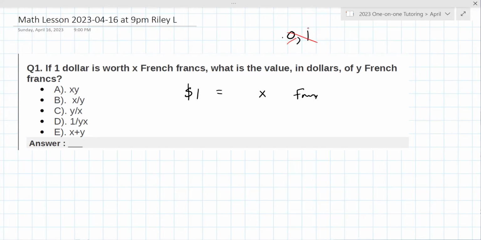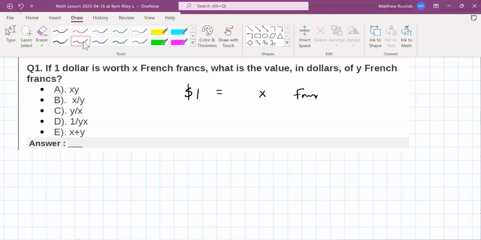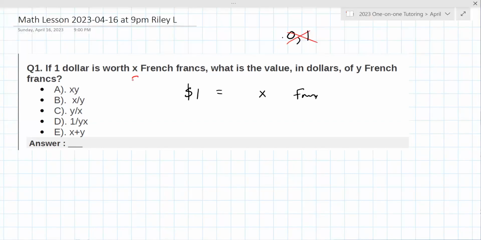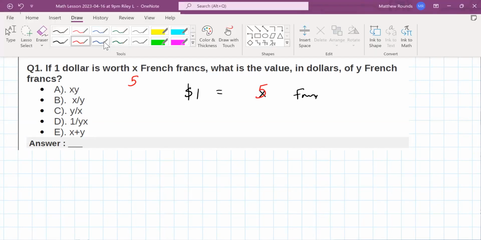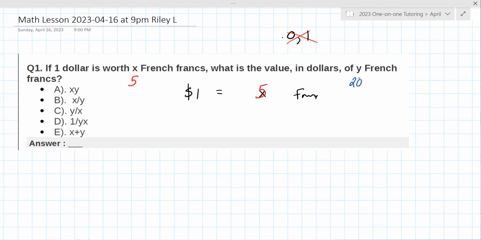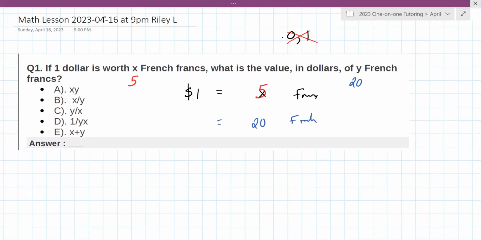Let's say you know that, for example, $1 is worth 5 French francs. You just make that up. So $1 is 5 French francs, and we pick a different number for Y, let's just make it 20. So 20 French francs. We know 20 French francs is worth how many dollars?